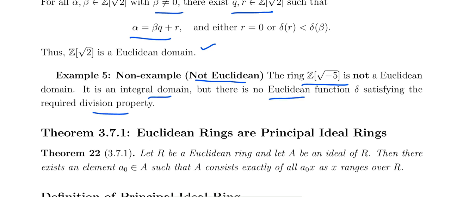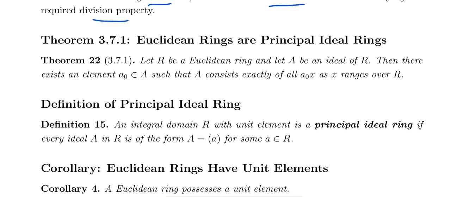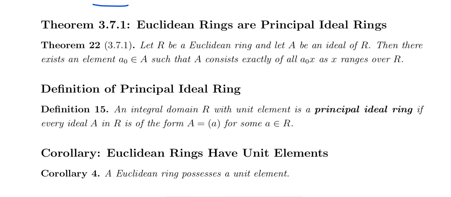The Euclidean ring, or principal ideal ring. Let R be the Euclidean ring, and let A be an ideal of R. Then there exists an element a naught belonging to A such that A consists of exactly all a naught x as x ranges over R. The integral domain R with unit element is a principal ideal ring if every ideal A in R is of the form A generated by some element a belonging to R. So what do we mean by principal ideal ring?